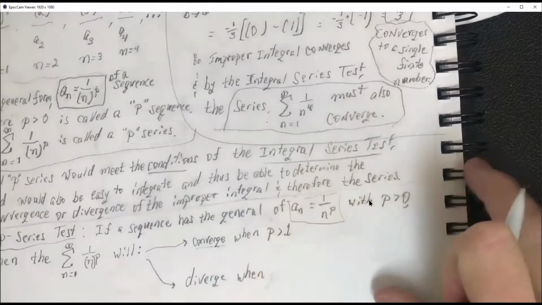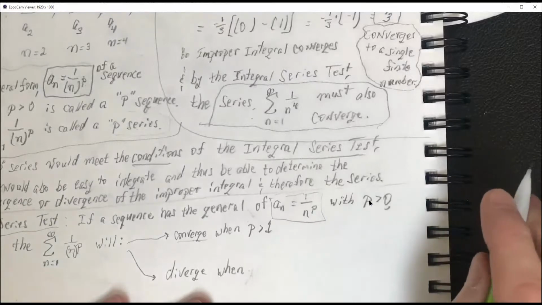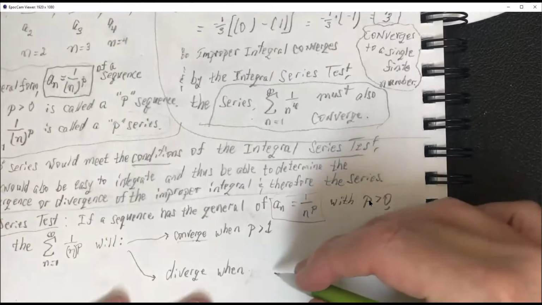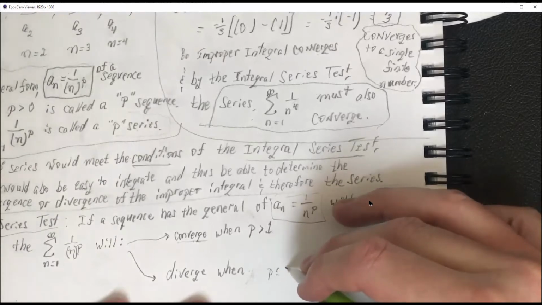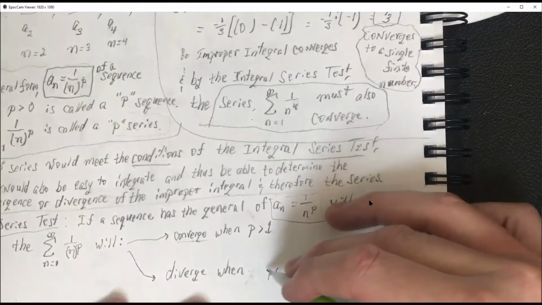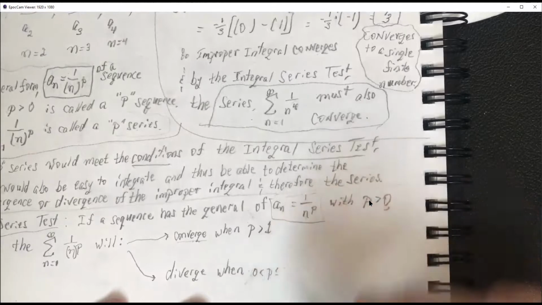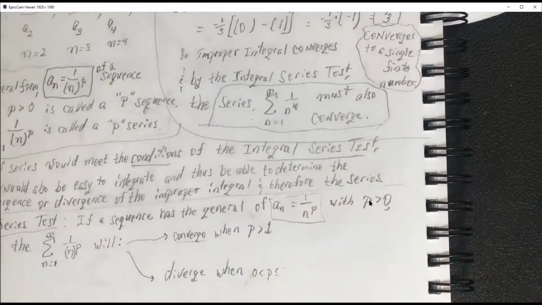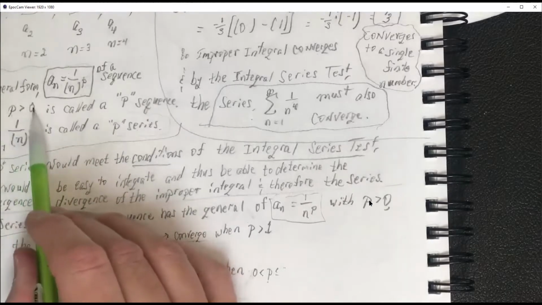If P is not greater than 1, it has to be what? Less or equal to 0? You're close. P has to be greater than 0, because that's what we have right up here. P is greater than 0.